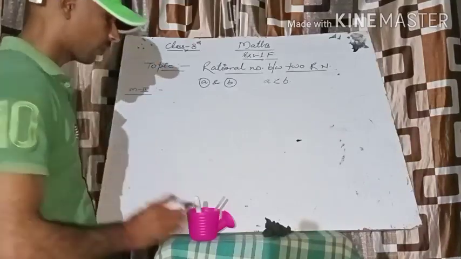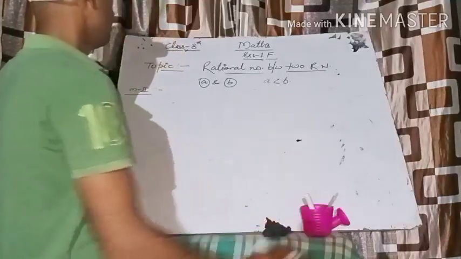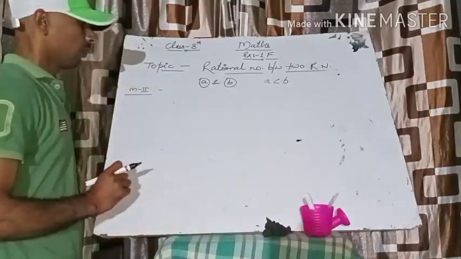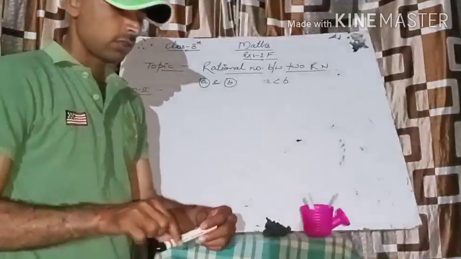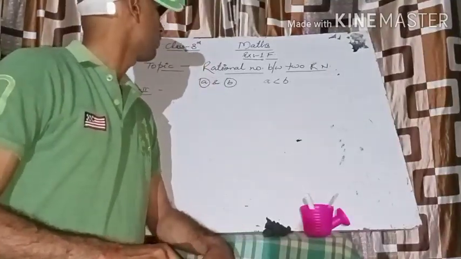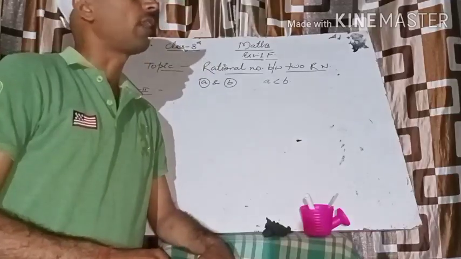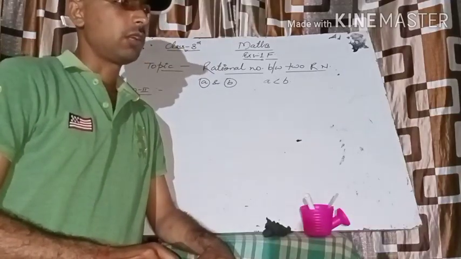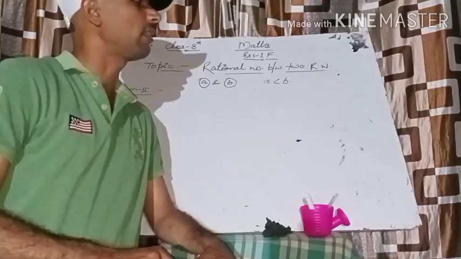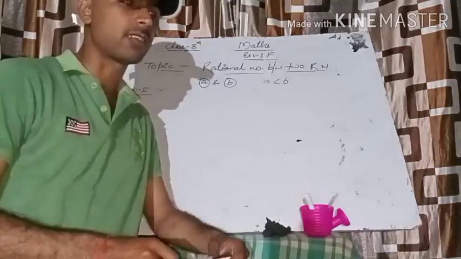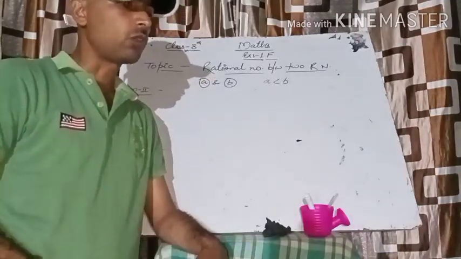Now see, in the first step of the question, you have to find the rational numbers. If you are given a condition that you have to find n rational numbers between any two given rational numbers.